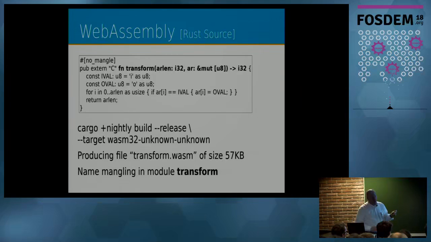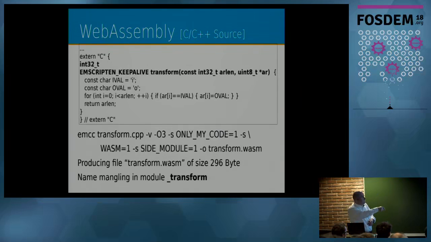That's important because if we look at the C++ implementation, it's similar: return type integer, first parameter a pointer to an array, the same logic. This will be compiled with Emscripten, and the result is just 296 bytes, because it doesn't contain all the error strings Rust is compiling.